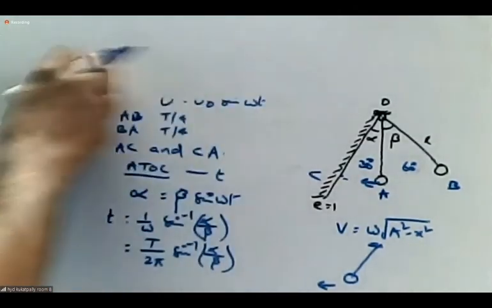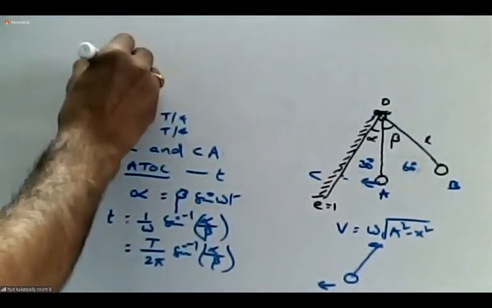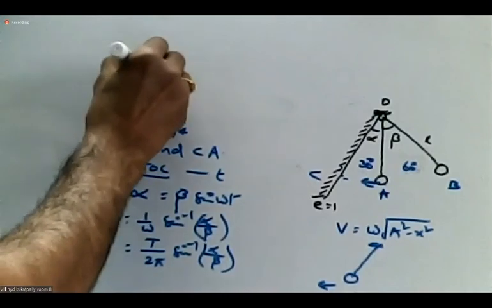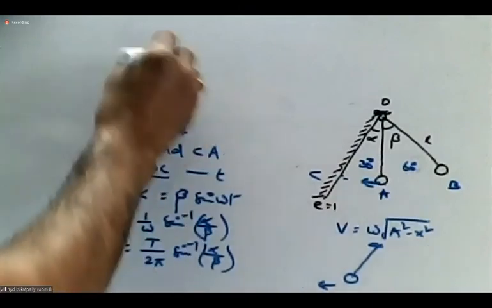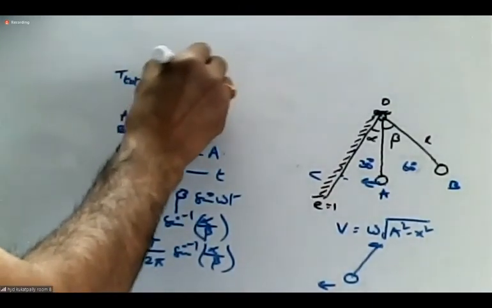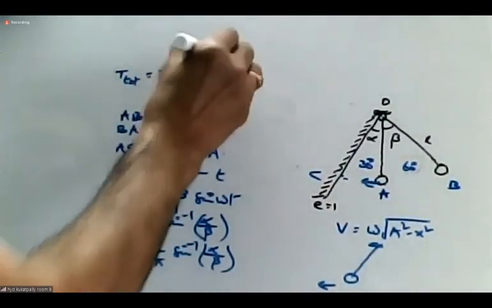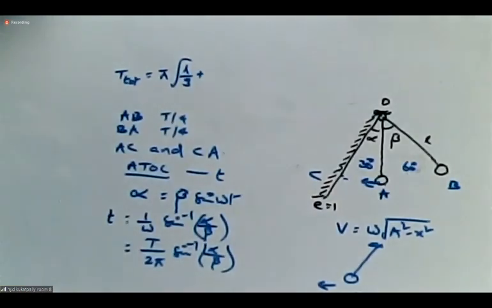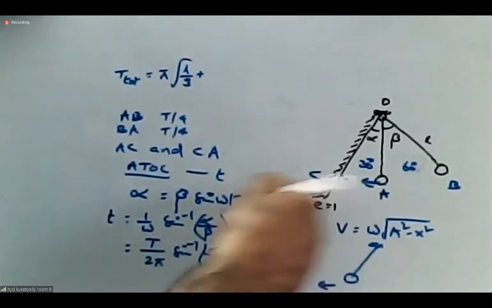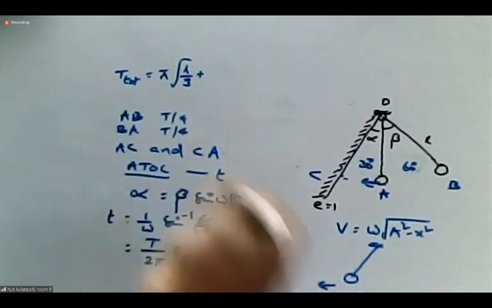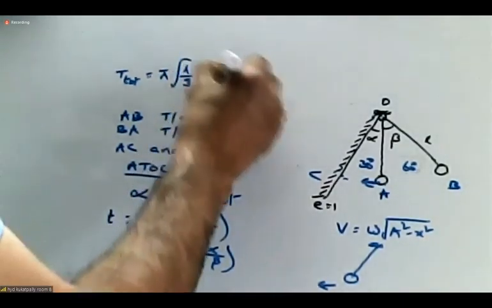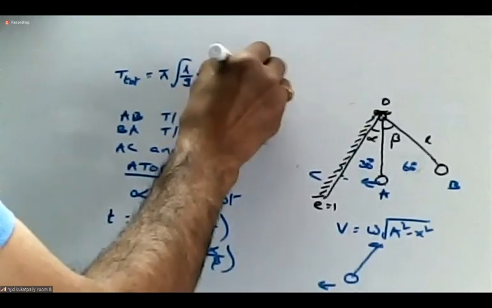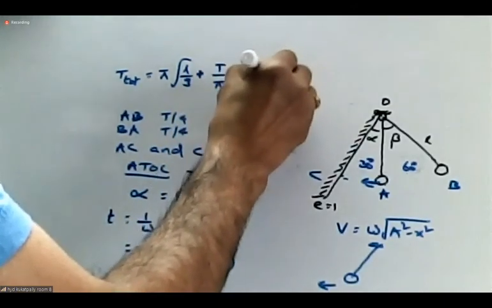Now, what is the total time? Total time is equal to T by 2, A to B, B to A, that is pi into root L by g, plus this to this t, this to this t, 2 small t. That means T by pi into sine inverse alpha by beta.